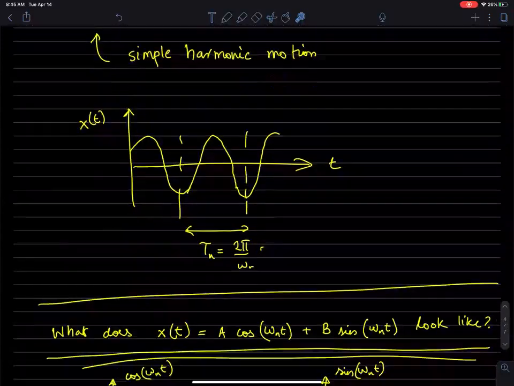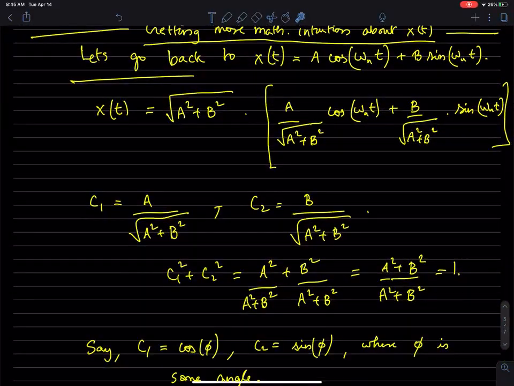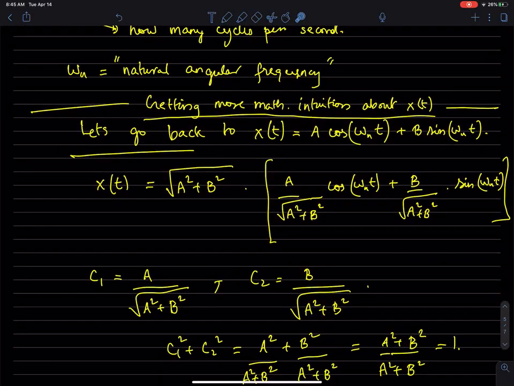Let me scroll back down. This expression is a sum of a cosine with some magnitude and a sine with another magnitude.